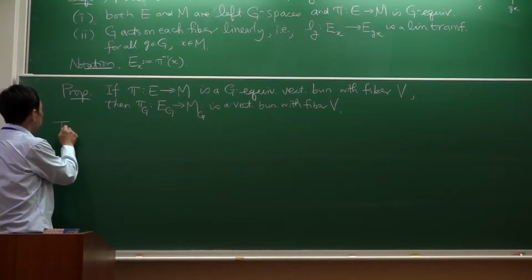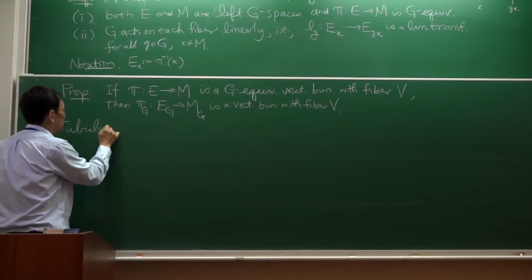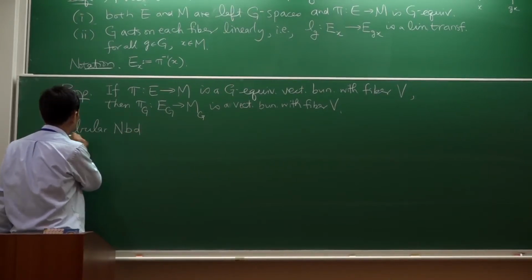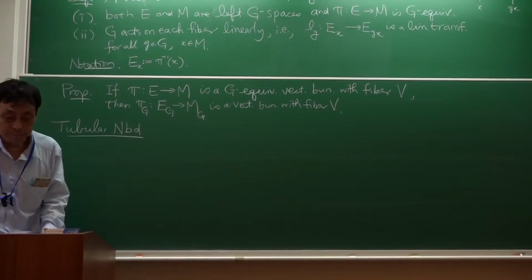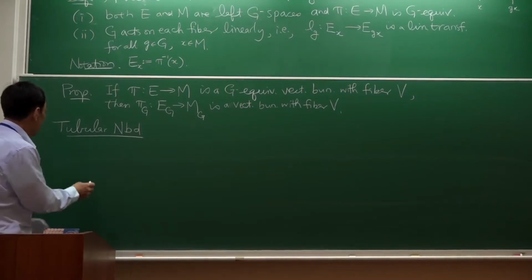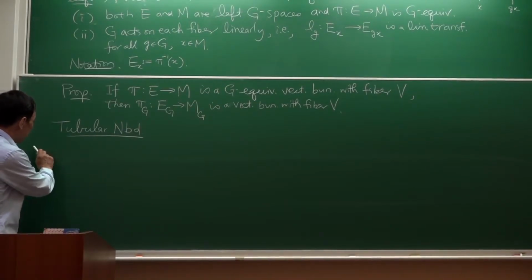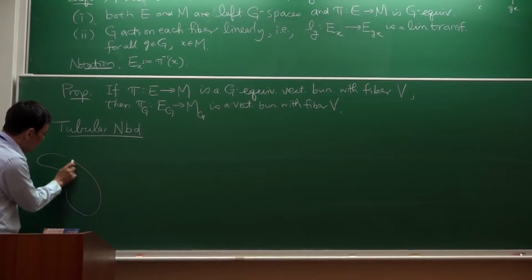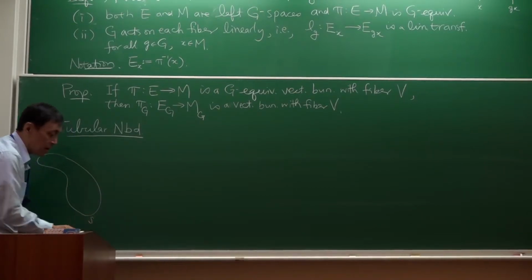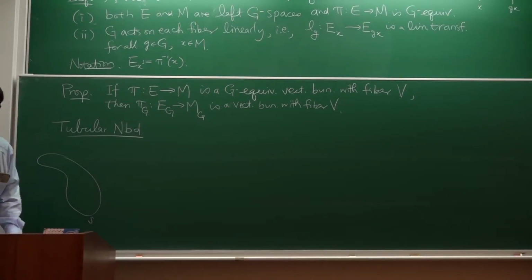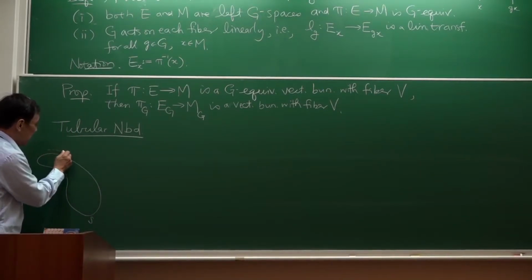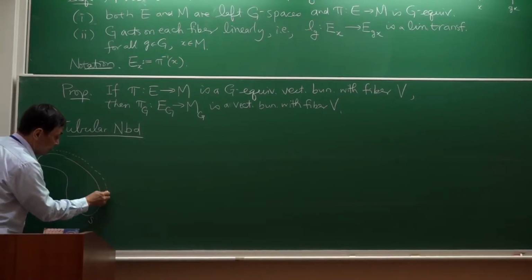Now I'm going to define a tubular neighborhood. If you have a manifold, let's say the blackboard is a manifold, and you have a submanifold S, then a tubular neighborhood is an open neighborhood.